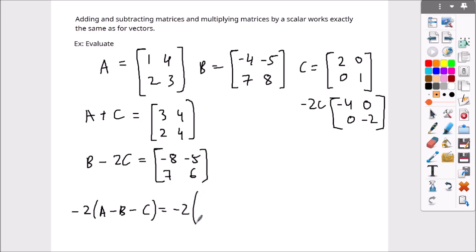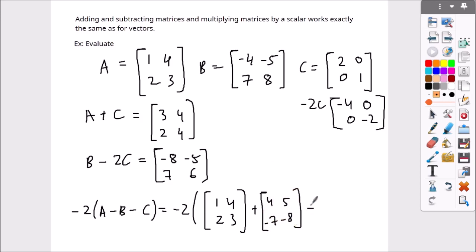So negative 2 times 1, 4, 2, 3, and then plus negative b is 4, 5, negative 7, negative 8, and negative c is negative 2, 0, 0, negative 1.